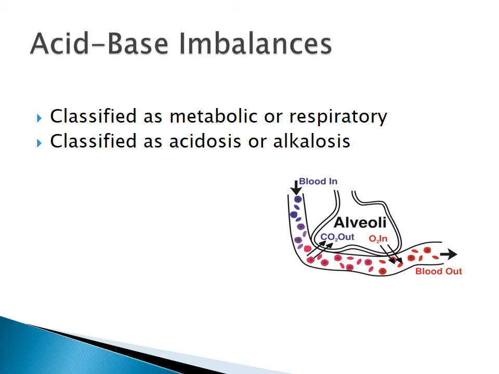And then the second way that we classify it is whether it's acidotic or alkalotic. Is the pH low, so it's acidosis, or is the pH high, so that's alkalosis? So we are typically looking at respiratory acidosis, respiratory alkalosis, metabolic acidosis, or metabolic alkalosis.